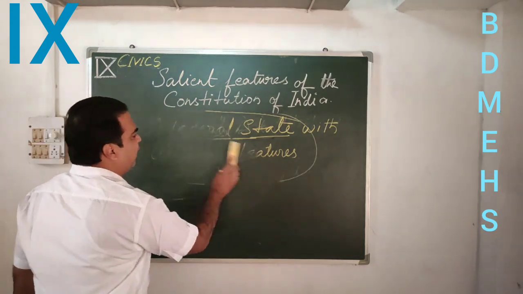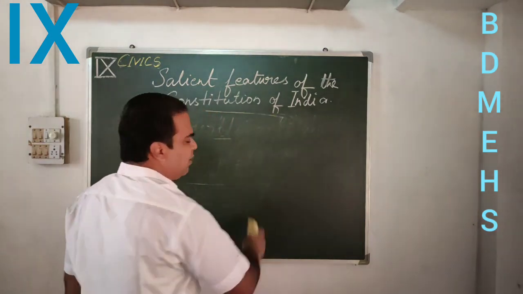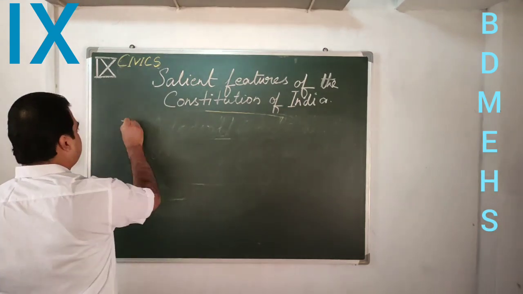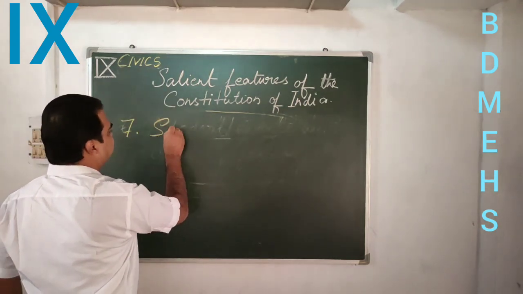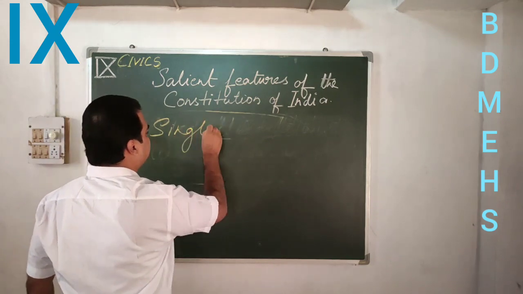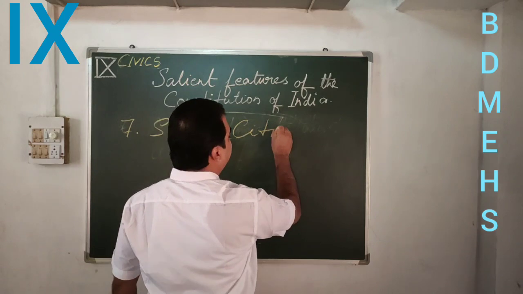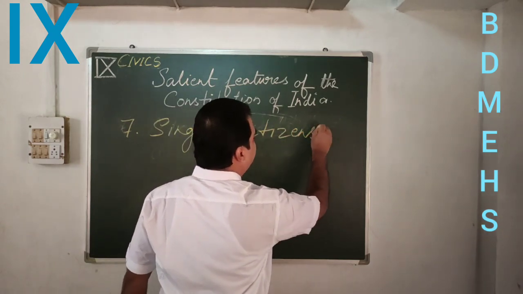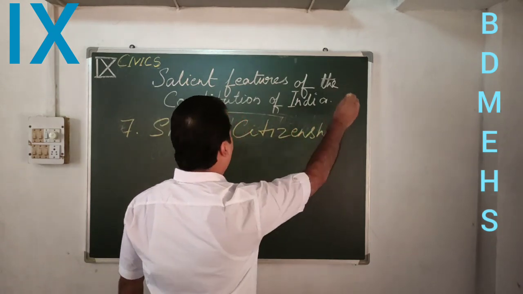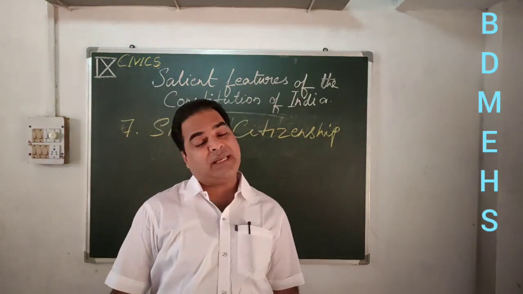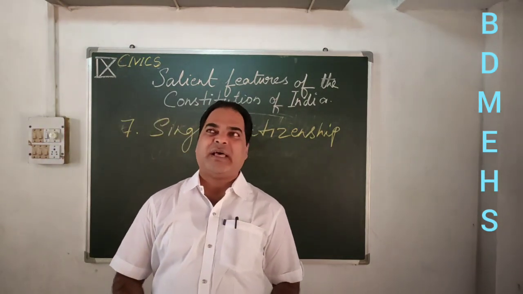Now the next important feature of our constitution is number 7, single citizenship. So we know why it is.